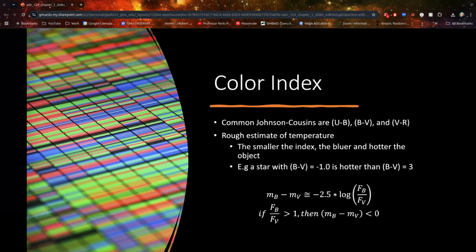So you would look at B minus V between 2 and 3, and that would very much narrow down your target list to cool red objects. And you can see that from the magnitude equation. If the flux in B over V is greater than 1, then the difference in magnitudes is less than 0, is negative.